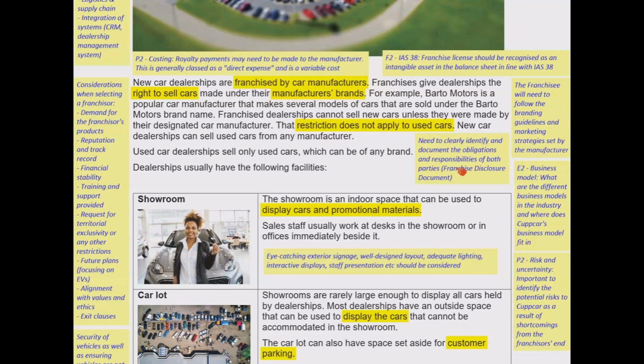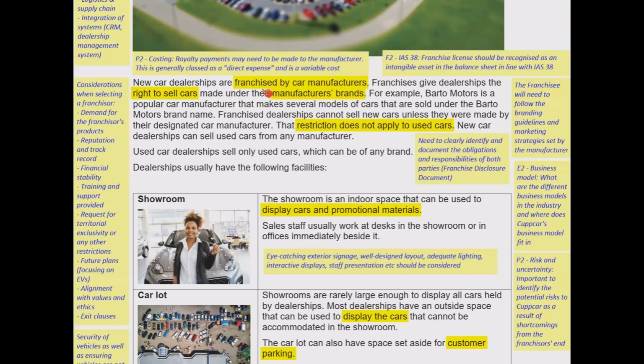It might have other terms and conditions about payment for cars, about the training of staff within the workshops or the customer service staff. All of these are set by the manufacturer, and all really important to maintain that franchise agreement.